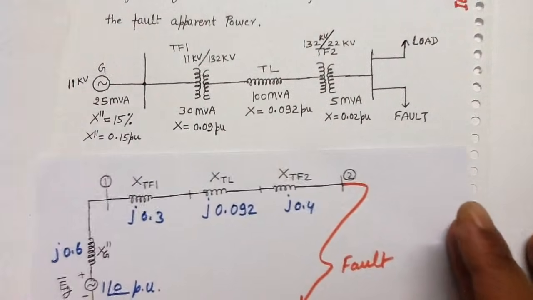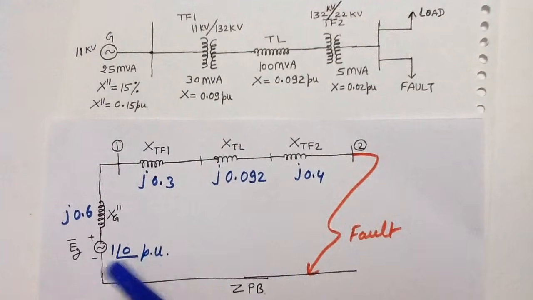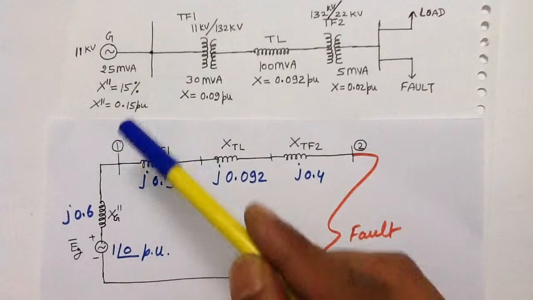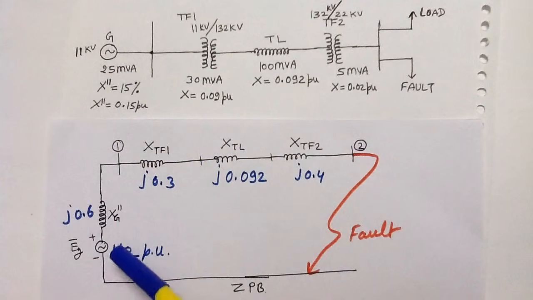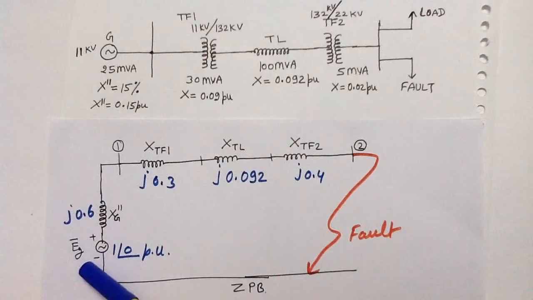The per unit reactance diagram can be drawn in this way. As you know, the generator is shown as a constant voltage source behind the reactance. So this is the reactance of the generator and this one is the internal EMF of the generator.